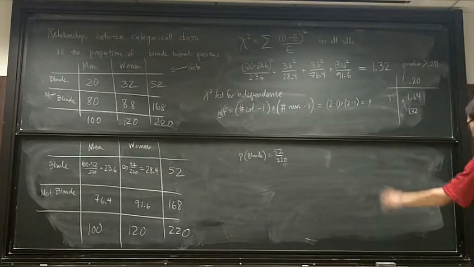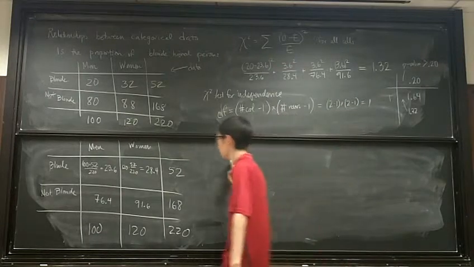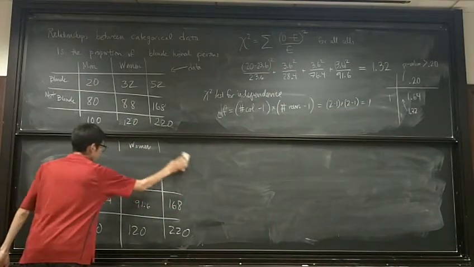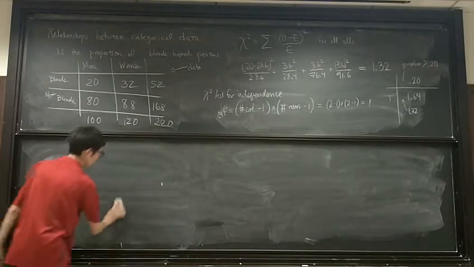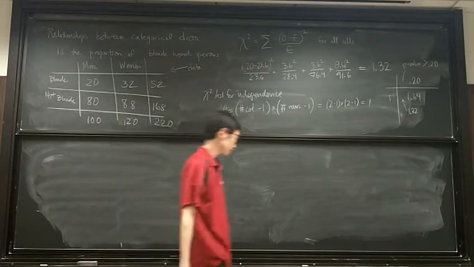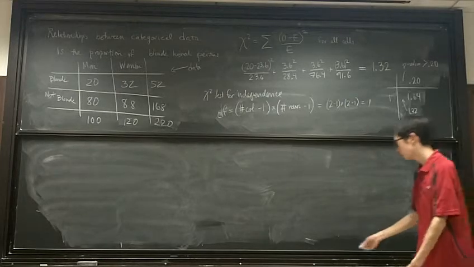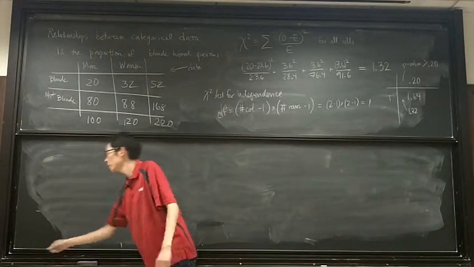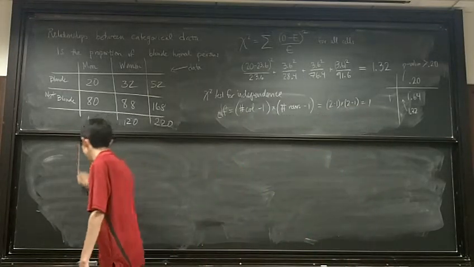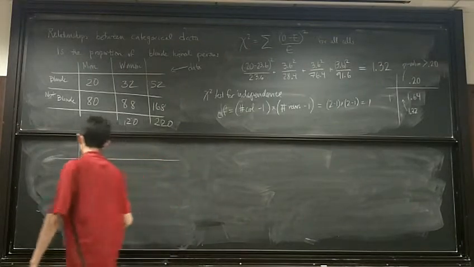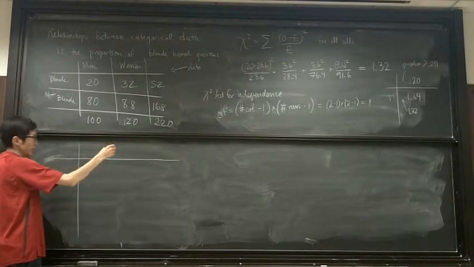Okay, so these things can also get more complicated just by having more columns or more rows. So if you had something else, such as level of education completed.